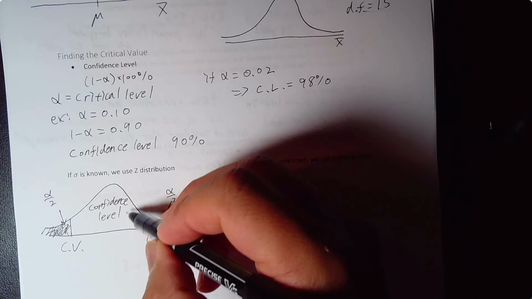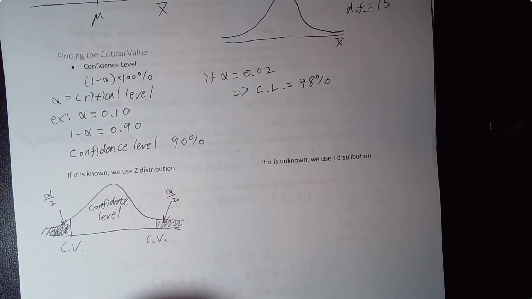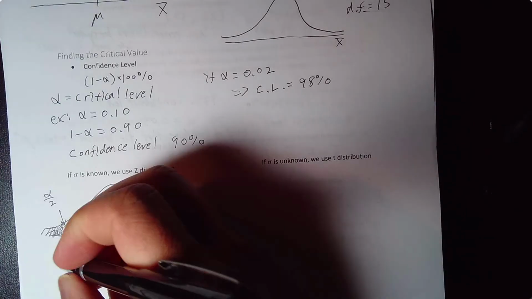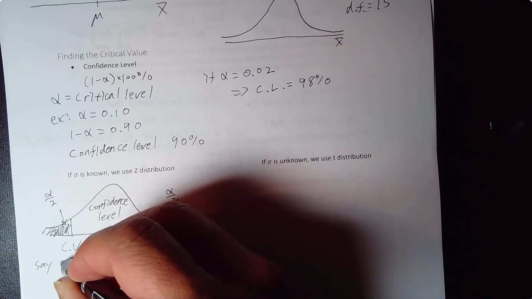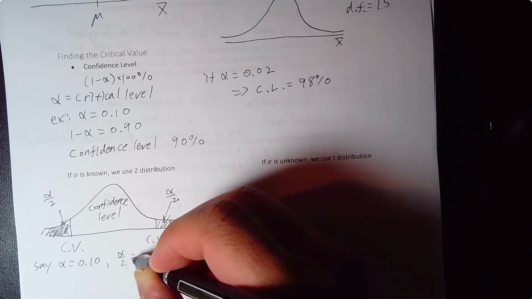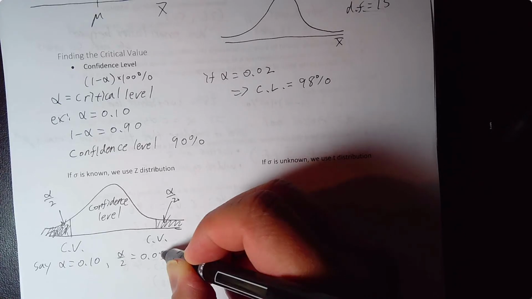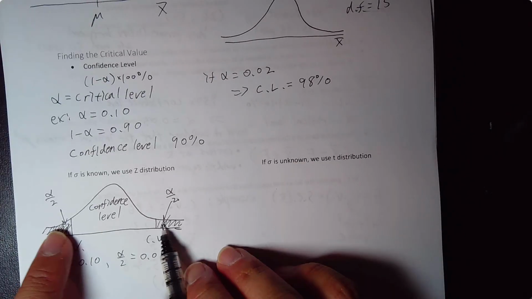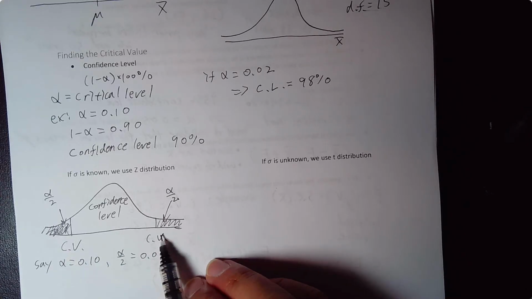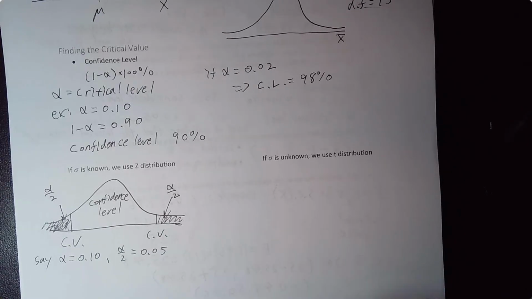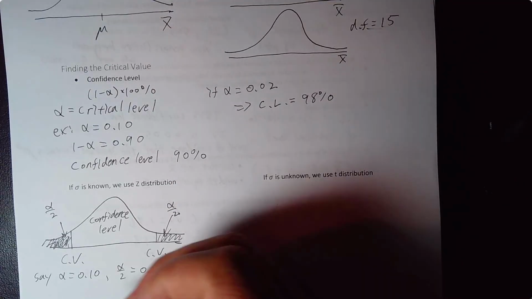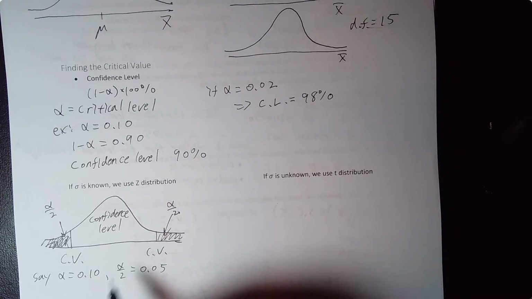For example, if alpha equals 0.10, then alpha half equals 0.05. So we know what the area in the tail is, and the critical value is simply the number that will give us the area in the tail. We'll do an example in just a moment, but right now I want you to just have a visual of what a critical value is.